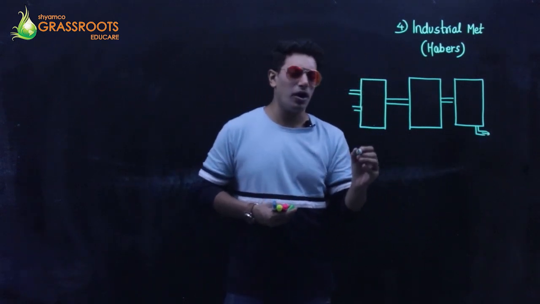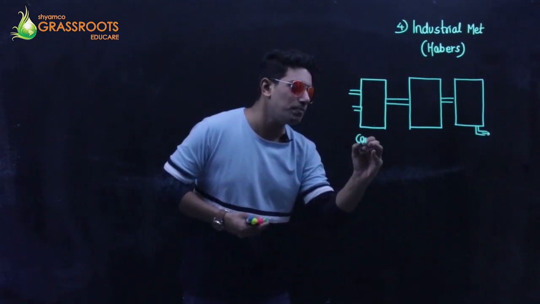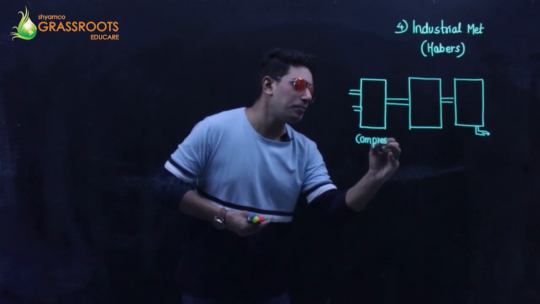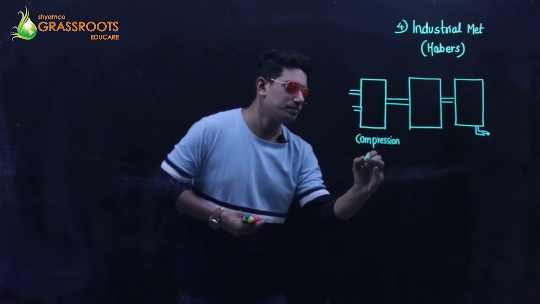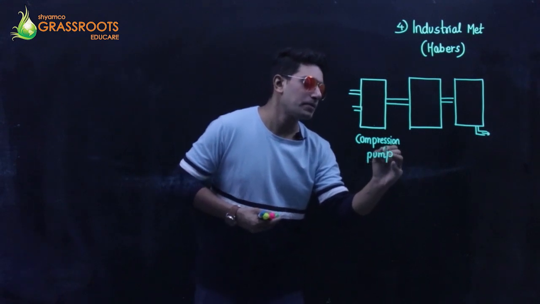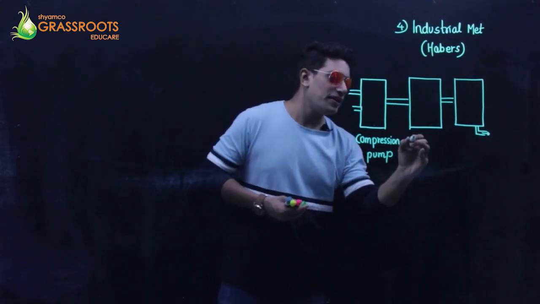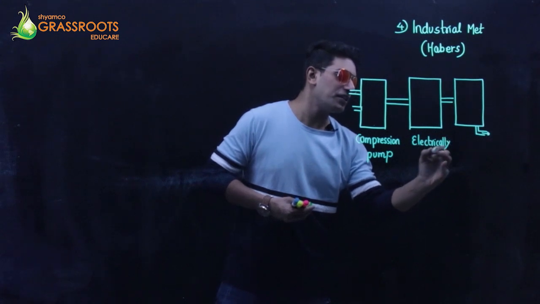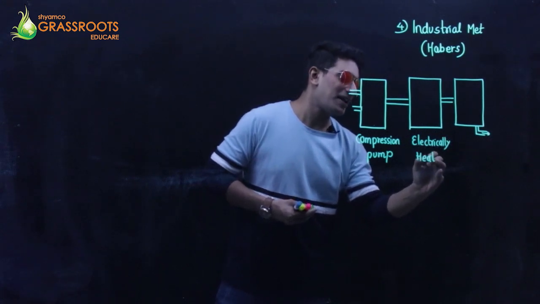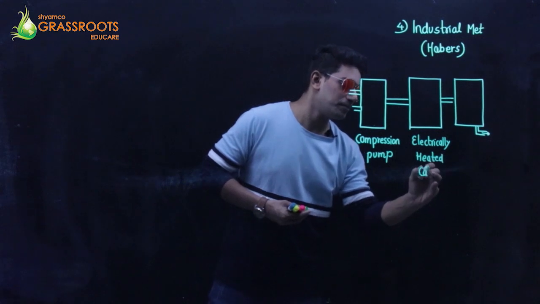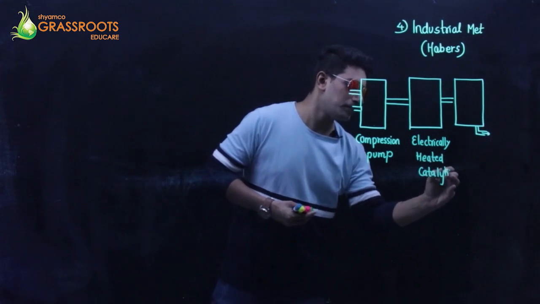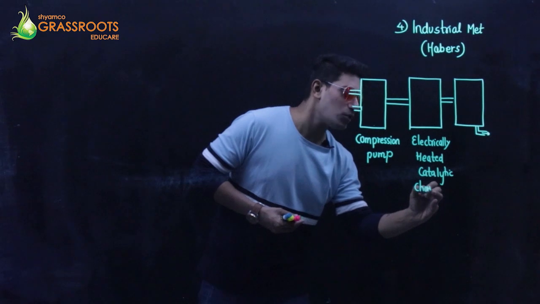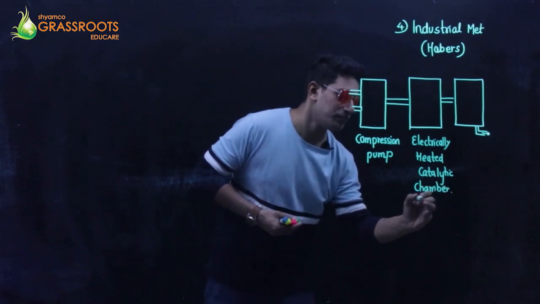Okay, the first chamber is called a compression pump. The second chamber is called the electrically heated catalytic chamber. And there is also a heat exchanger out here.